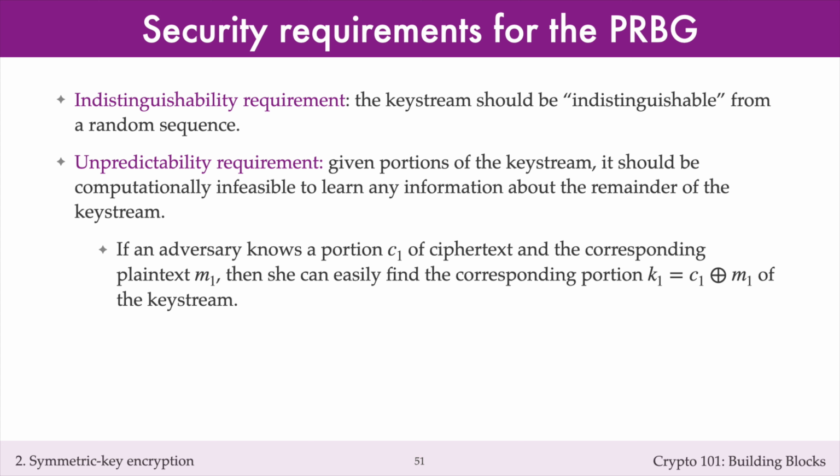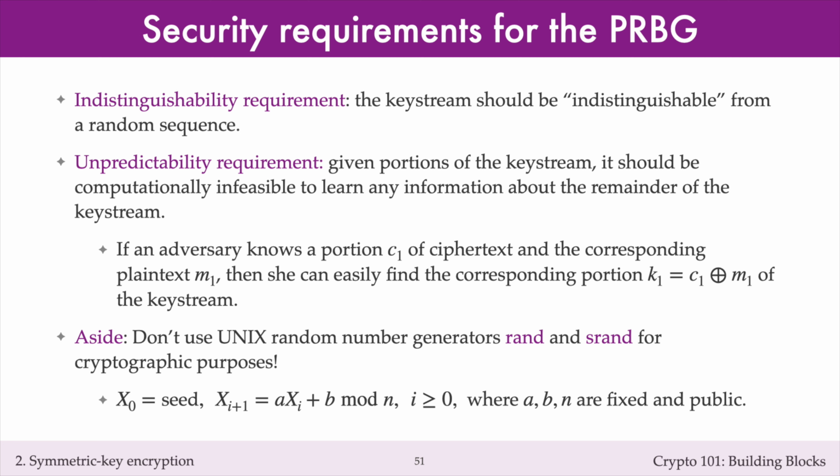Hence, the adversary can easily find the corresponding portion of the keystream K1 by adding C1 and M1. Thus, given a portion of the keystream, it should be infeasible for the adversary to learn any information about the remainder of the keystream. This is the unpredictability requirement of a pseudorandom bit generator.